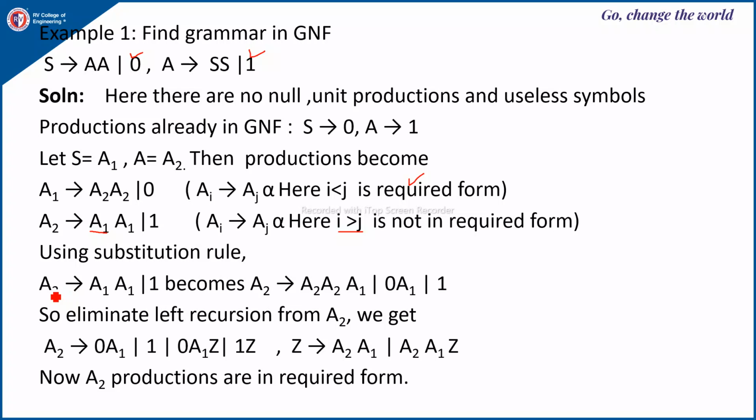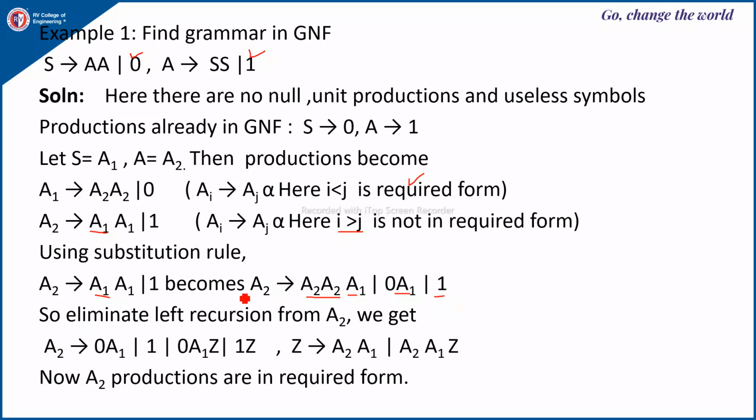So A2 derives A1 A1 becomes A2 derives: the first A1 I'll be replacing by A2 A2, so I'll be getting A2 A2 followed by A1, and this A1 can take 0 also, so 0 A1, and this is already the production of A2, so I'll write it as it is.